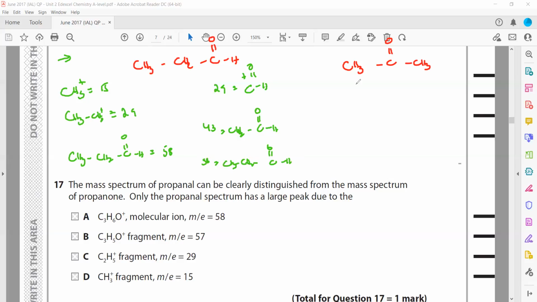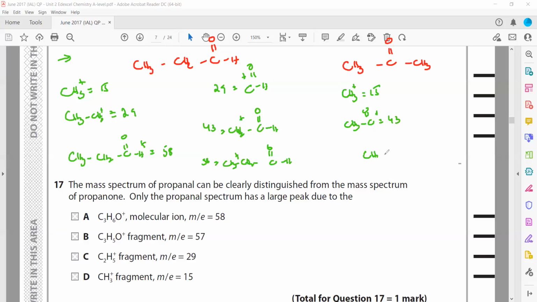But for propanone, if we break from left to right, because it's a symmetrical molecule, it does not make a difference. So 15 will be there, CH3, C double bonded with O. And don't forget to write the charge on the fragment, because we always get a charged particle in a mass spectrum. CH3, C double bonded with O: so 15 plus 12 is 27, plus 16, so 43.